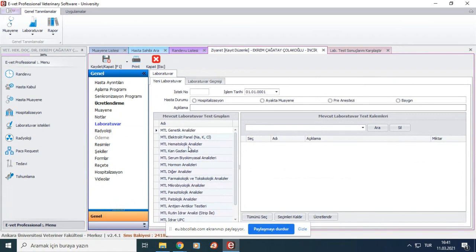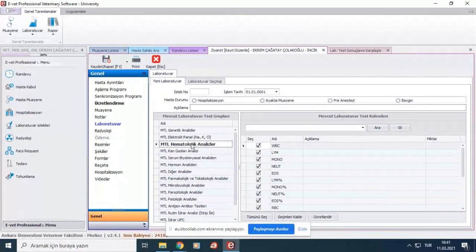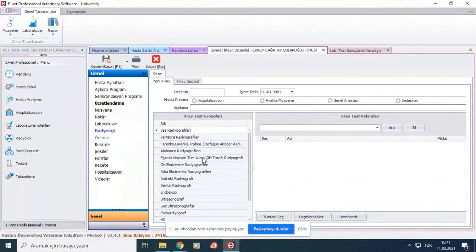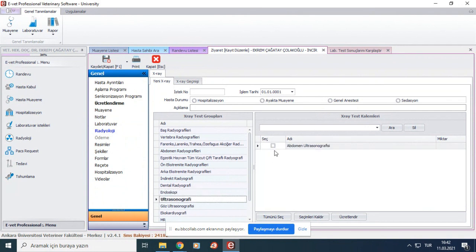If you want the CBC result, you can choose this section also. And you can also see the images in this section. If you want the endoscopy, you can choose one of them. If you want ultrasonography, you can choose it also.